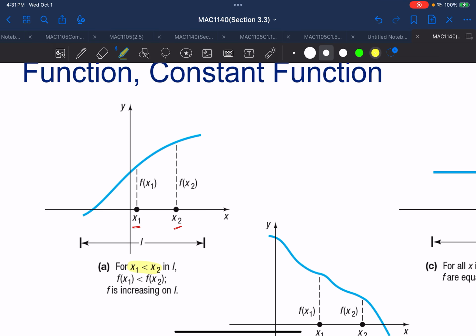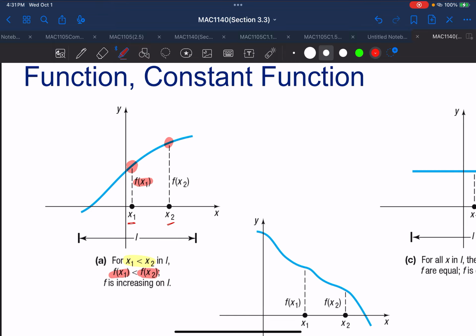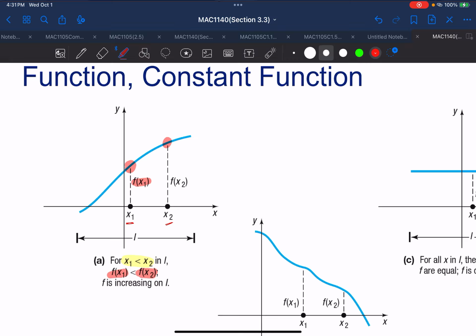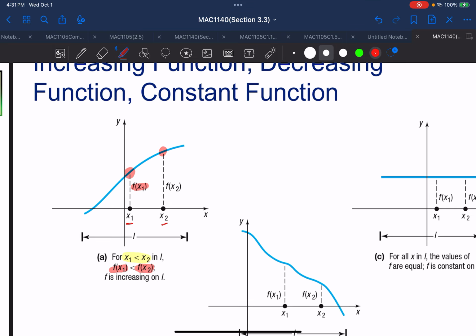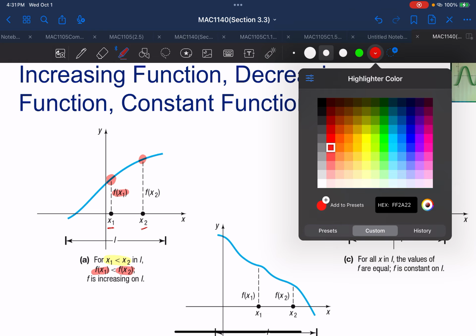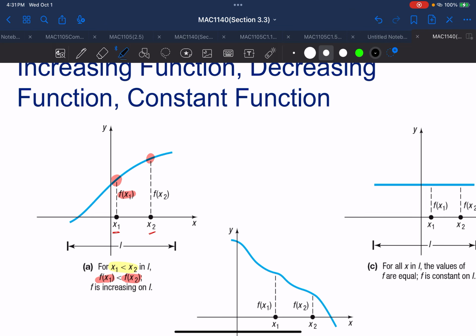And if I inspected their points on the graph to be here and here, then that output would be f of x1, and that would be less than the output of f of x2. So if the first x value comes before x2 and it is less than the y value of x2, then that function is increasing. Now visually, we can see this if we look at it from left to right.